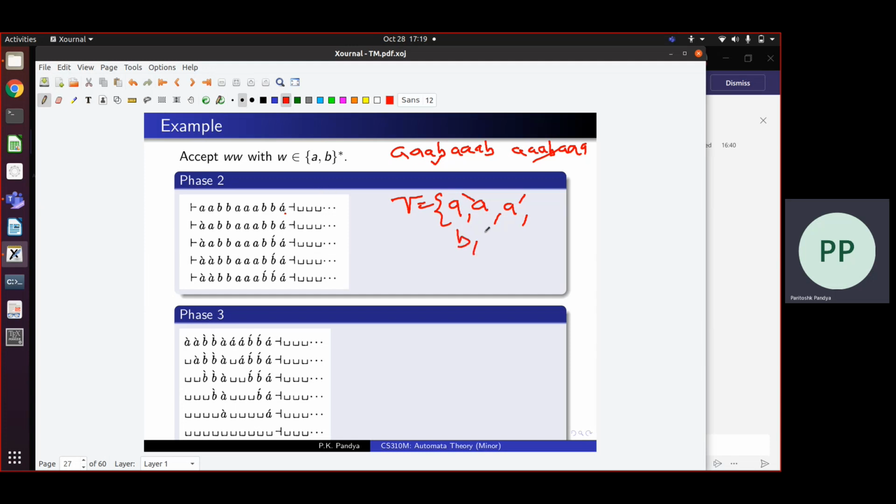In phase 2, the Turing machine will scan from left to right, hit the right-hand marker, move one step to the left, and replace the last symbol, whether it's A or B, by its right version. So we will have a right A in place of A here, right? And then it will move all the way to the left.